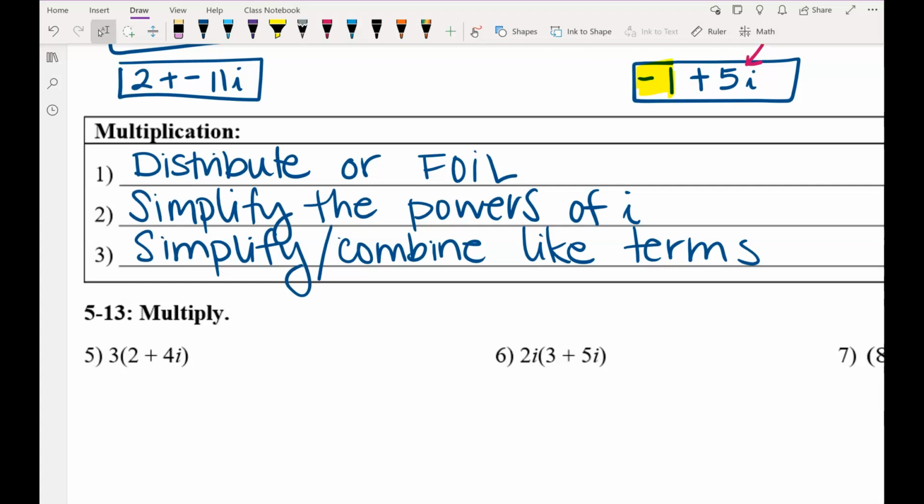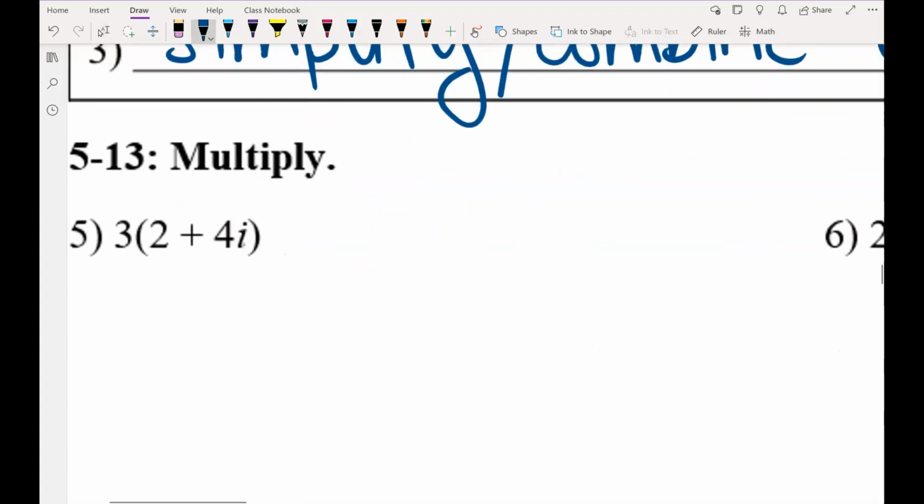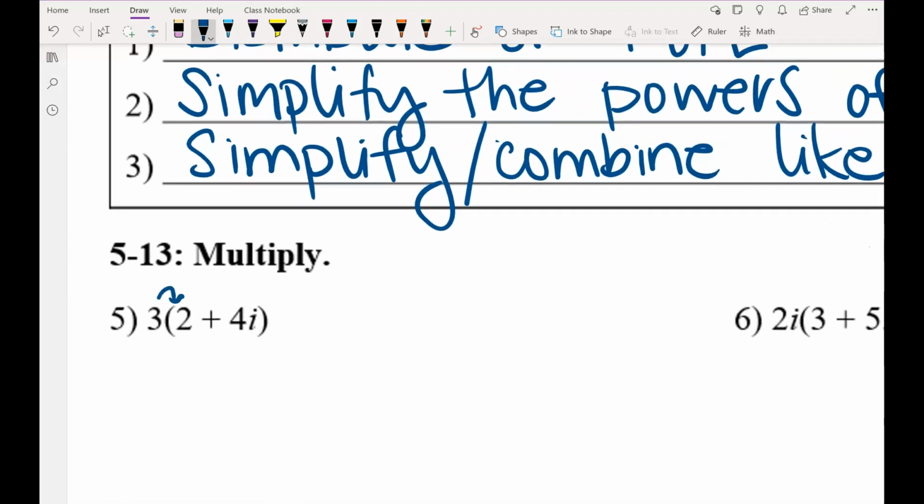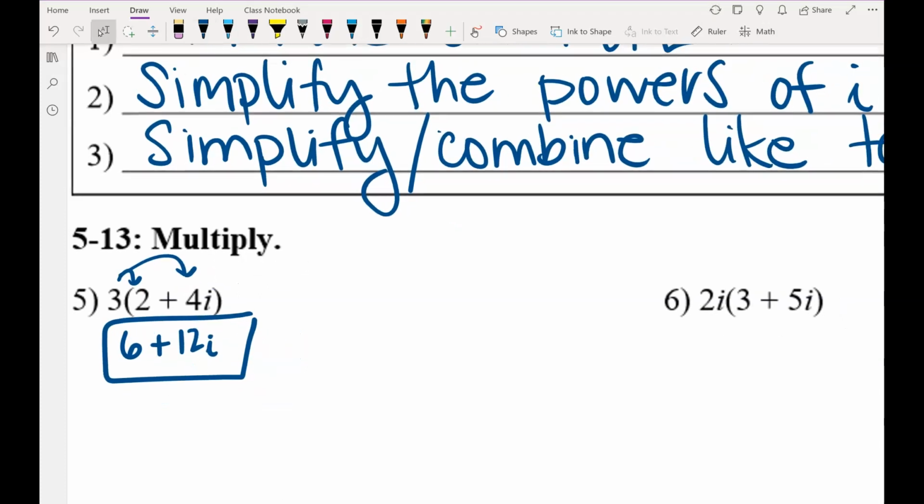So example 5 is pretty straight up. Distribute. 3 times 2 is 6. 3 times 4i is 12i. Box it up because it's in a plus bi. Pretty easy. Okay. 6. 2i times 3 is 6i. 2i times 5i is 10i squared.